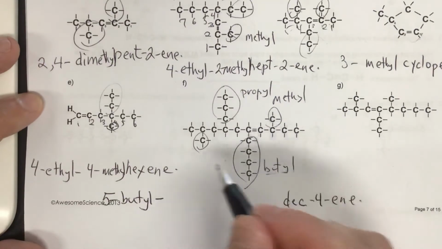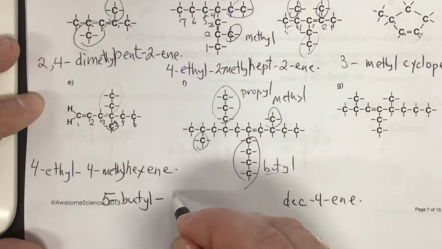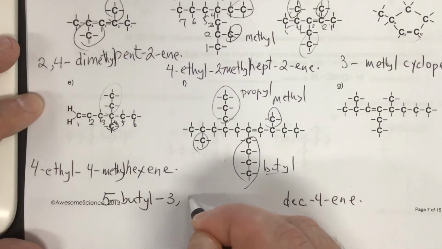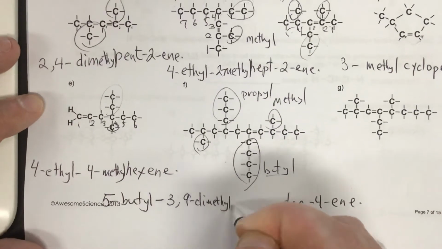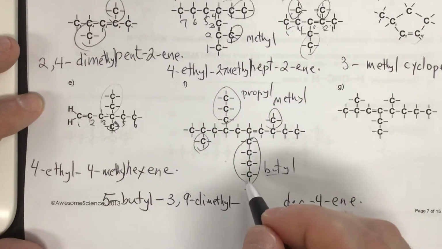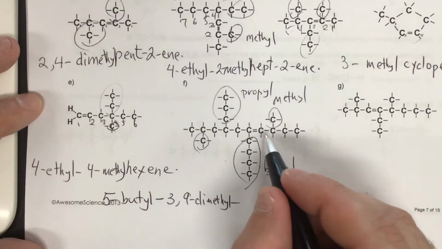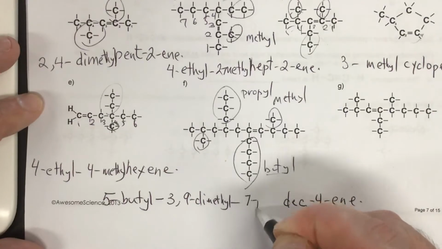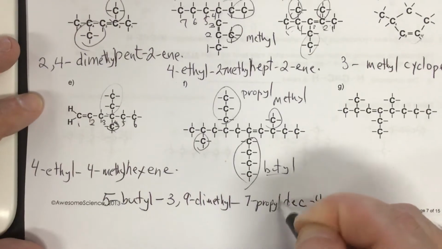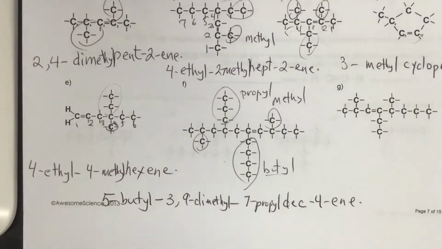And then methyl comes next: 3,9-dimethyl, there are 2 of them. And then 1, 2, 3, 4, 5, 6, 7-propyl decene. There's the name of this monster.